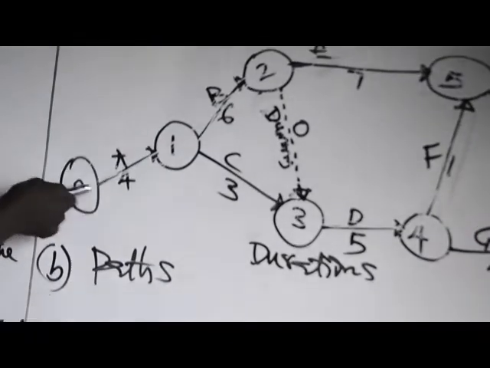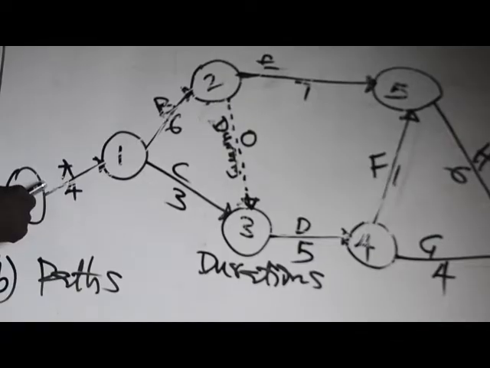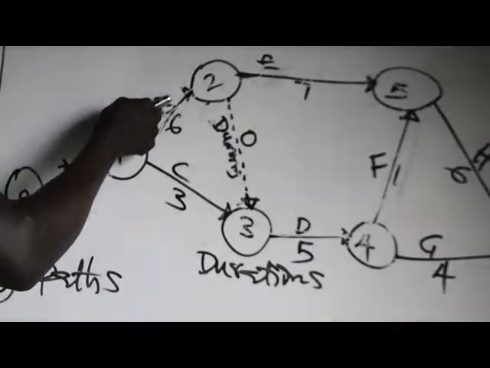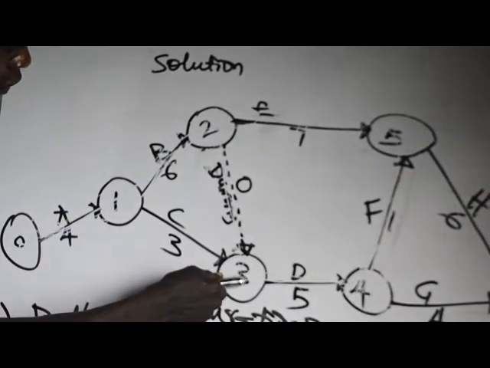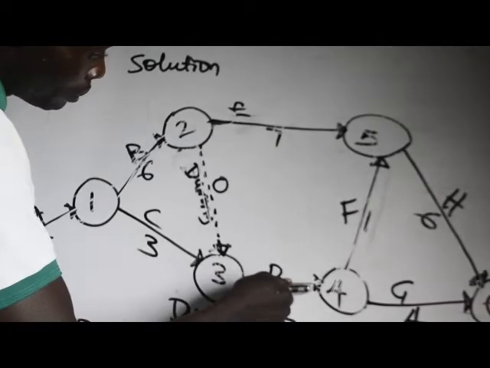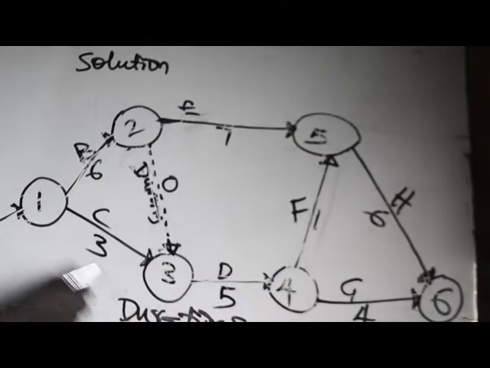Then you can as well travel like this from A to B, from B to Dummy as well, from Dummy to D, from D to G, and that is where the journey will end.